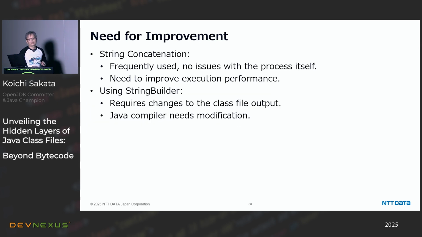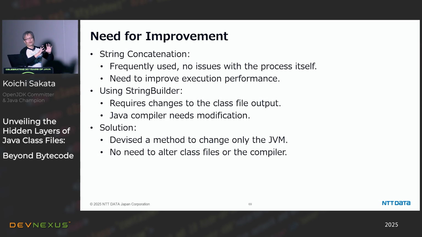But since string concatenation is frequently used, there is a need to improve execution performance. In this implementation, improving performance requires changing the output of the class file. When changing to a different implementation instead of string builder, it will output a different class file than before.